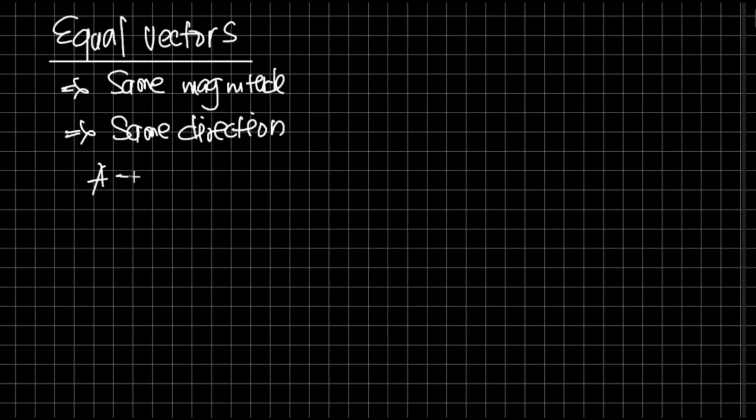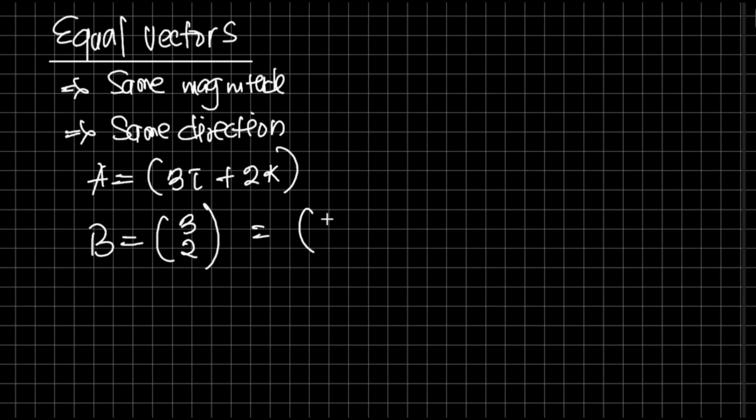For example, if we have A equals 3i plus 2k, and then we have B equals, let's say, 3 0 2. You know that 3 0 2 is the same thing as 3i plus 0j plus 2k. So let me represent it very well. You can see that one dimension is missing here.